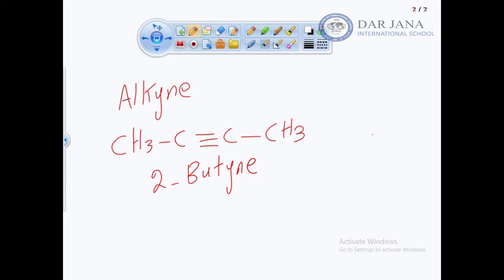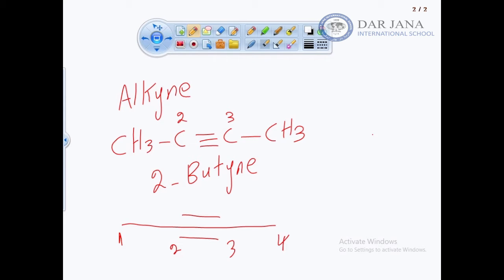The triple bond is between carbon number 2 and carbon number 3. We can represent this condensed structural formula in a line angle formula like that. This is the first carbon, the second, the third, and the fourth.